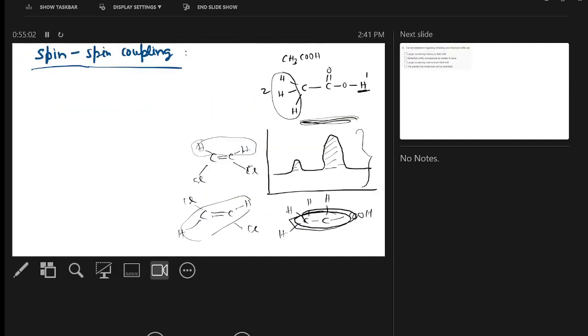Spin coupling. So what is happening? Let's say you write CH3, then CH2, and here OH. The spin of this nucleus can interact with the spin of this one. This is called spin coupling.